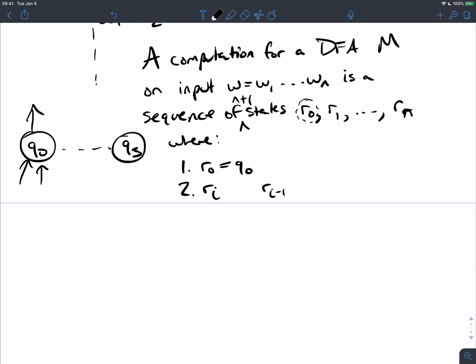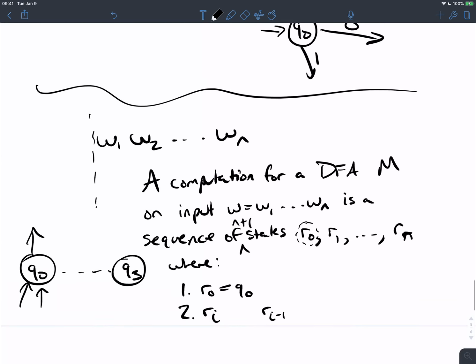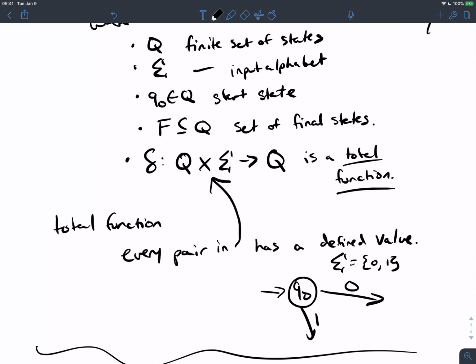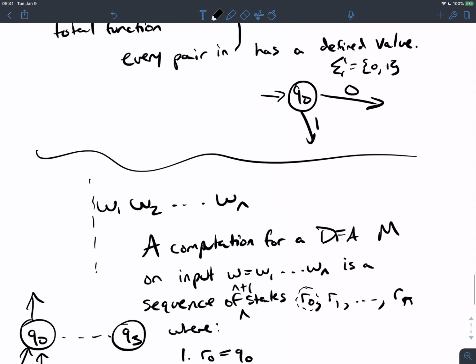So I'm in state Ri minus 1, and I'm looking at Wi right now. How do I look up Ri, the next one? Where do I look that up? In the transition function of the machine. Remember, M has these five parts, and it has the transition function there. Because it's a total function, I'm guaranteed that I get a next state. It's not like I stop in the middle, like a nondeterministic Turing machine, for example.